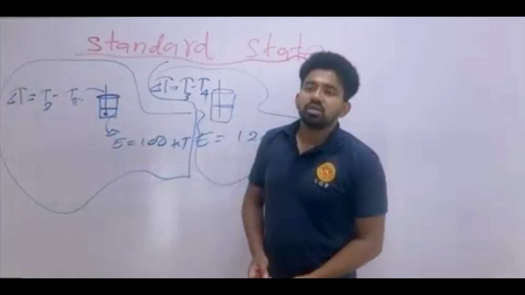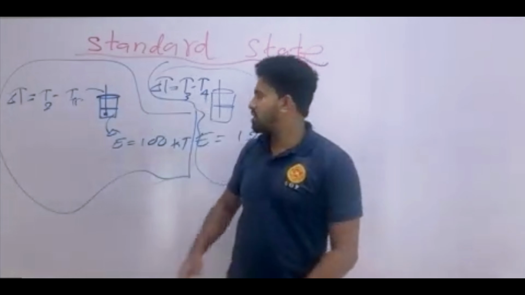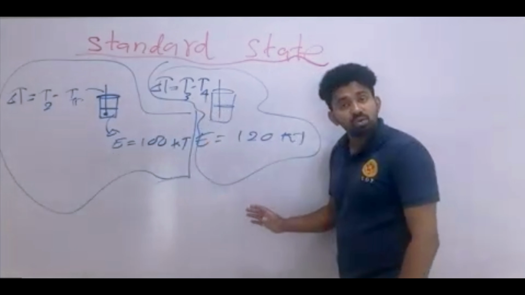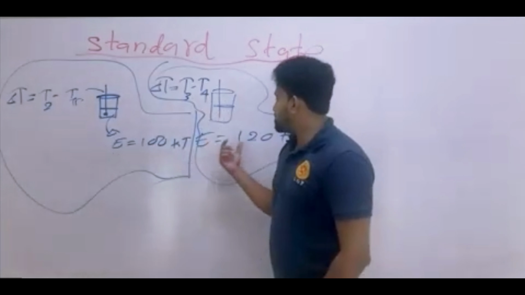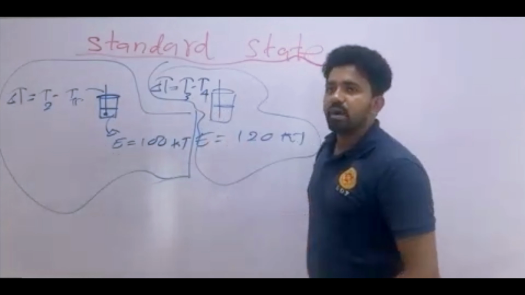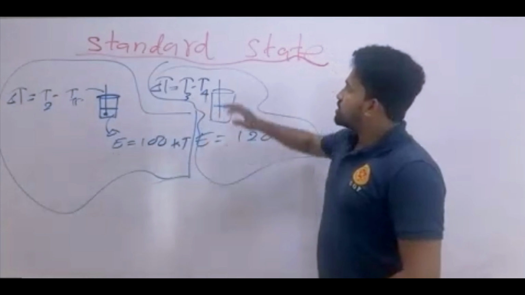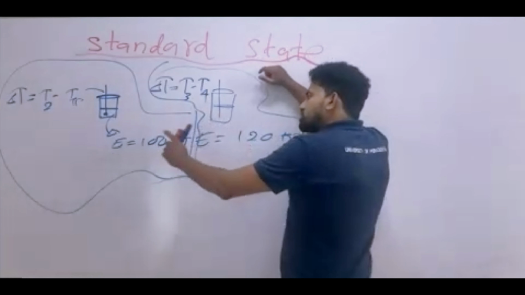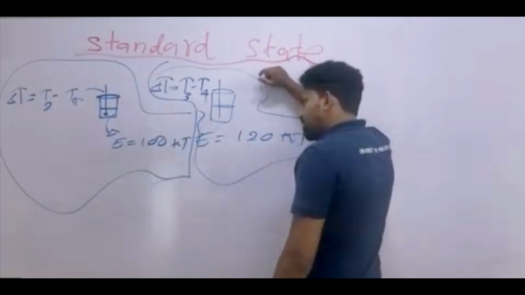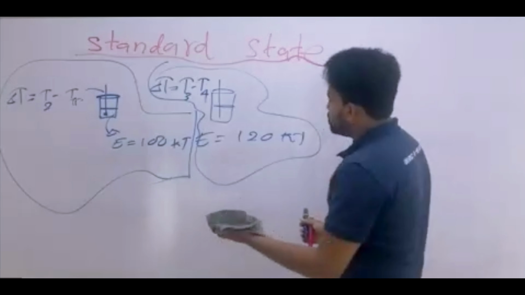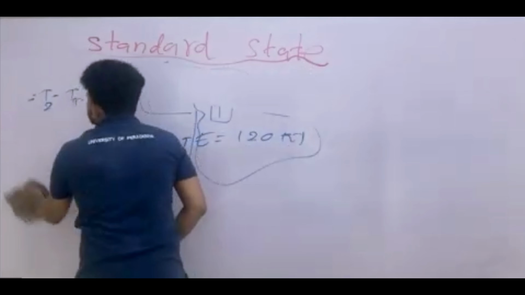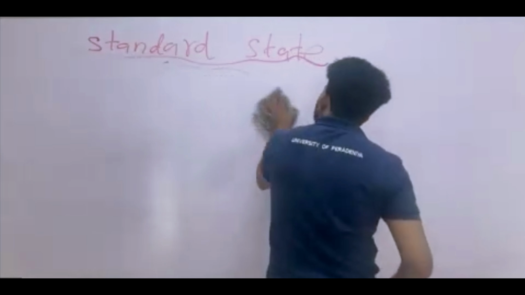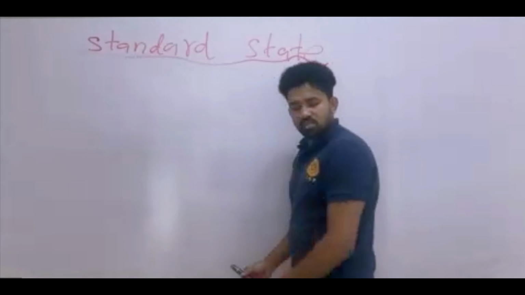Now you are going to publish these values to the world. You say, I have done a certain experiment and the value is 100. Then your friend says, no, that is not the actual value, it is 120. A standard state is defined to remove this kind of mistake. So we give fixed values to certain state functions.